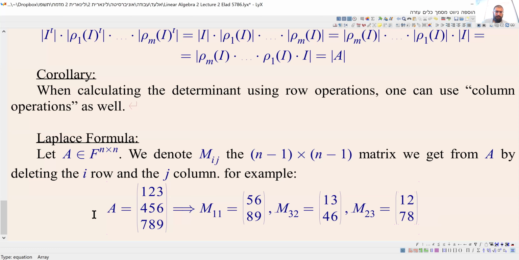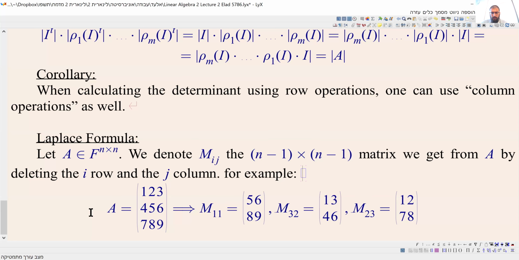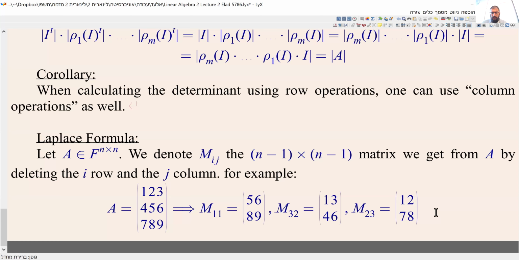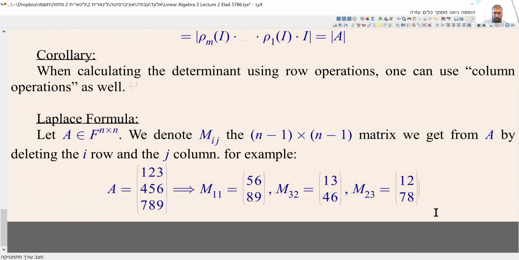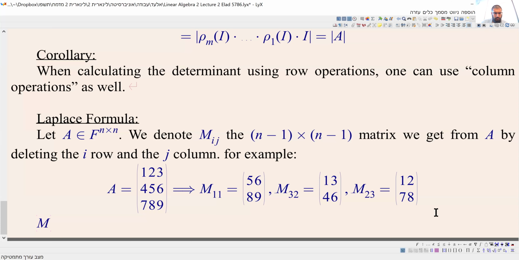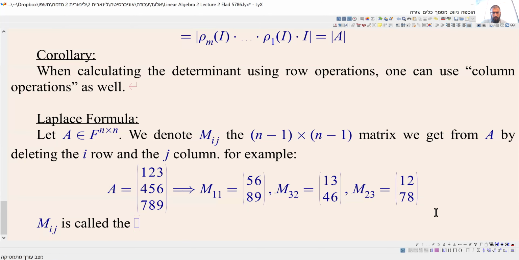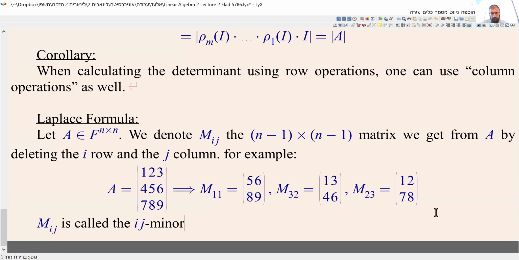The matrix Mij for every ij is called the ij minor.